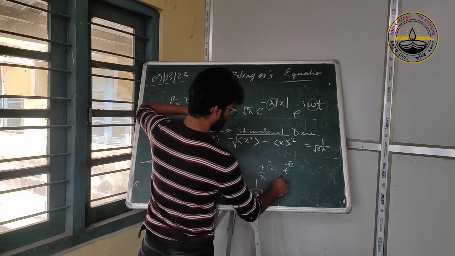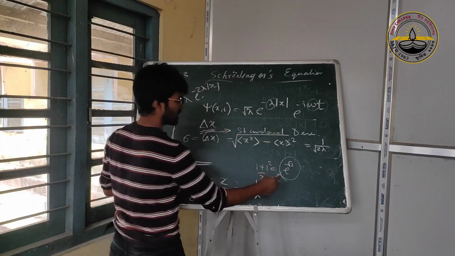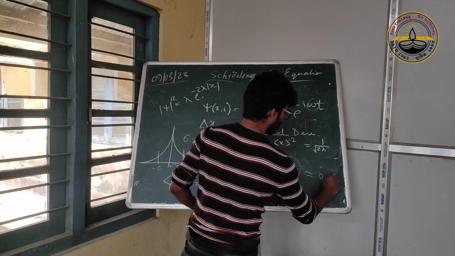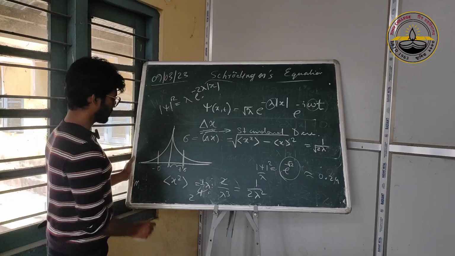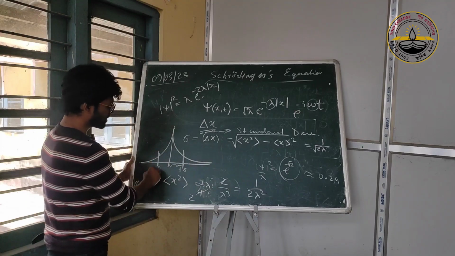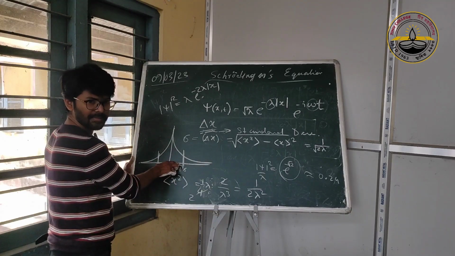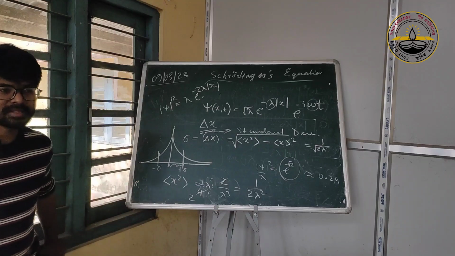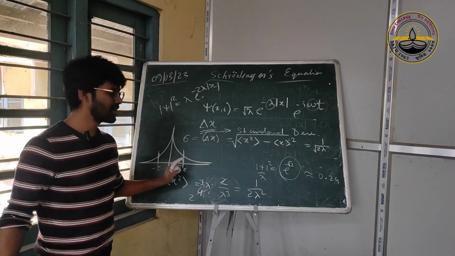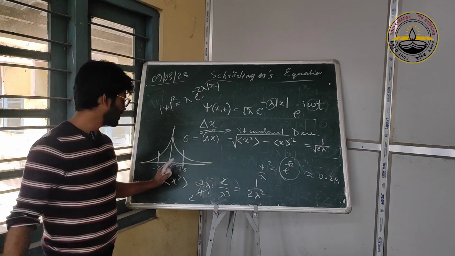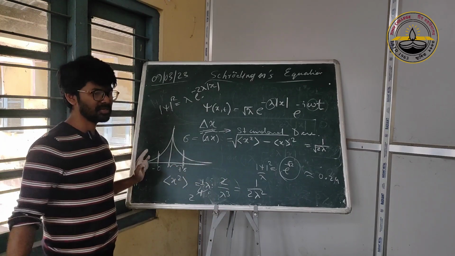Okay, so this value is something like 0.24 whatever, I think, and minus will be exactly minus this value. So this is the spread, and then the next question I'll ask is, what is the probability that your particle will lie just outside this range?